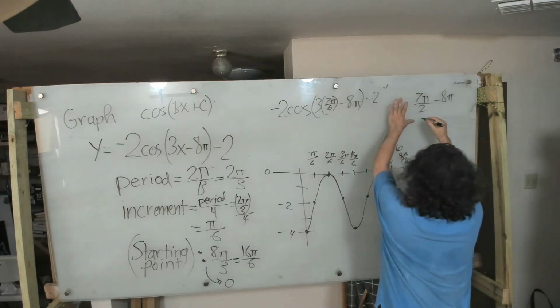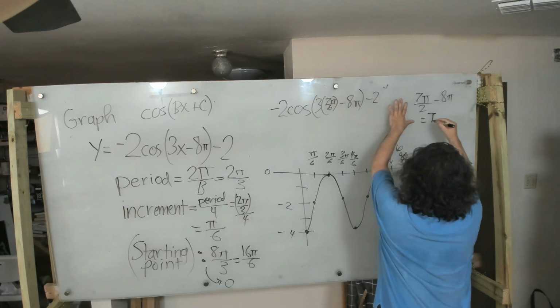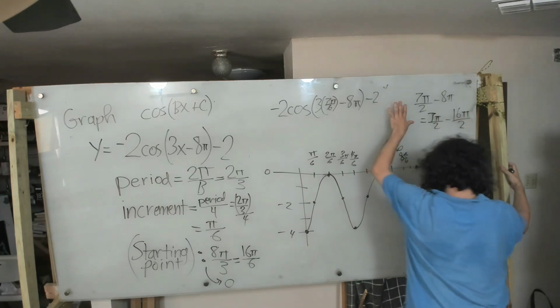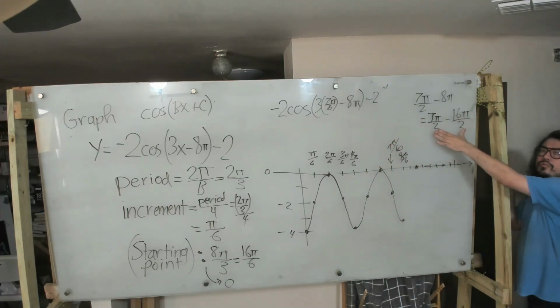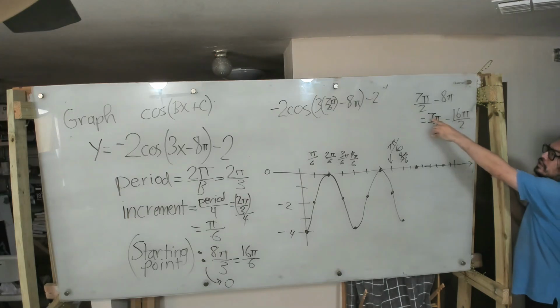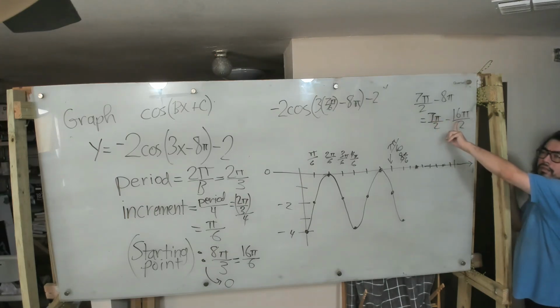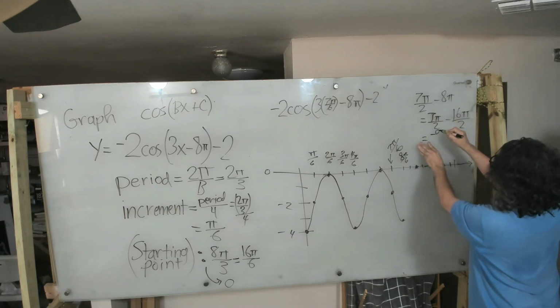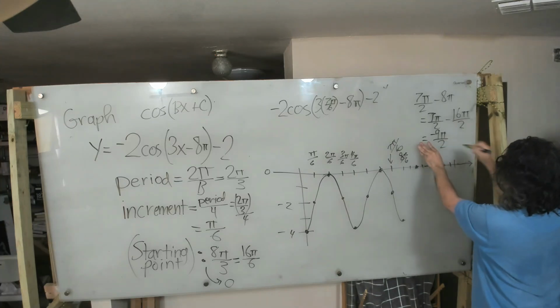So I can rewrite this as 7 pi over 2 minus 16 pi over 2. You guys with me on that? Now, if you do 7 minus 16, you get negative 9. Okay? So negative 9 pi over 2.